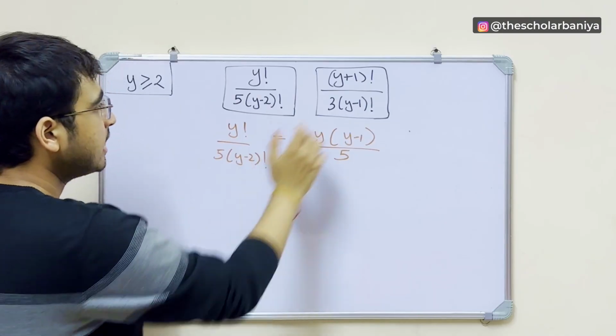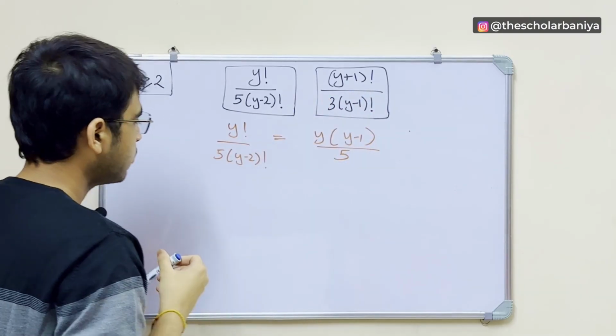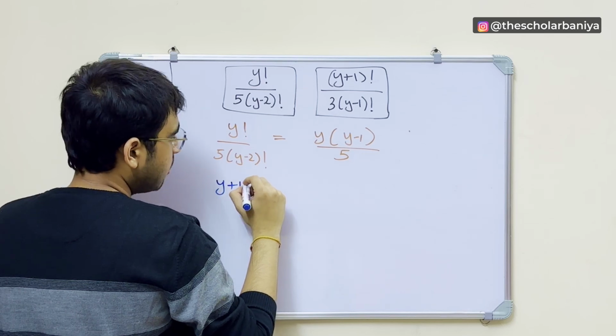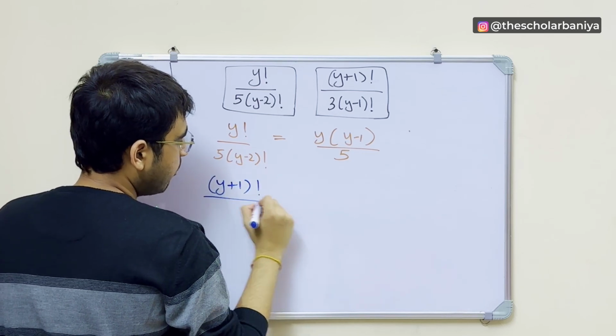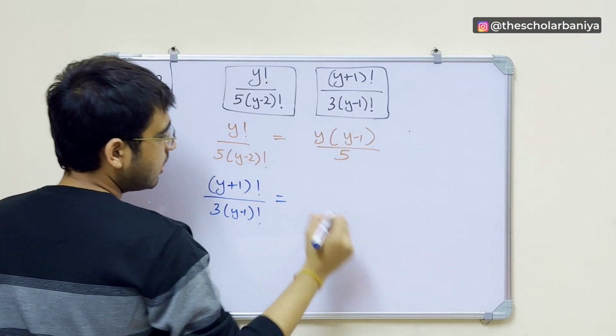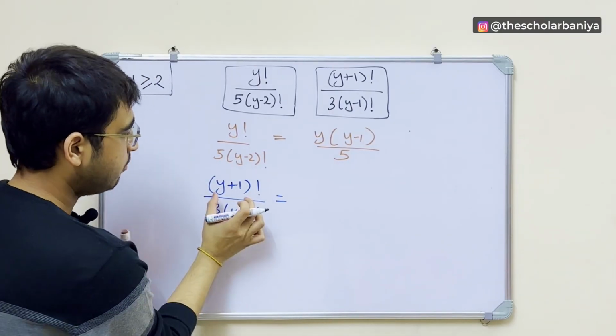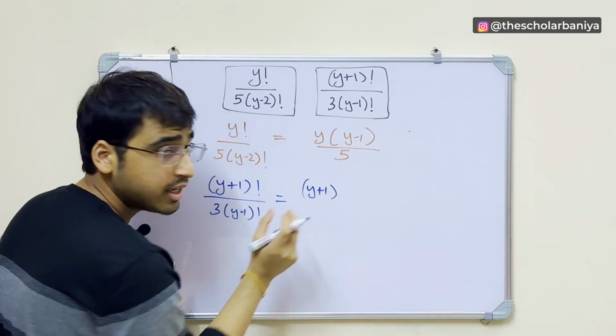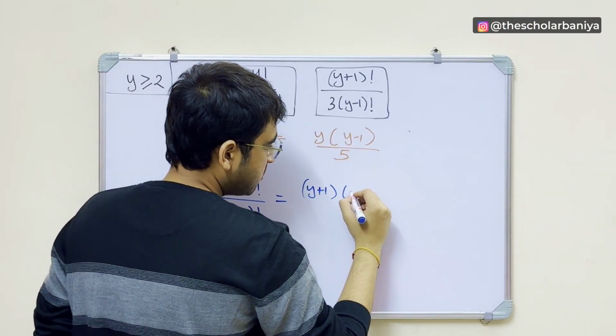Okay, now let's talk about this, right? So what is this? This is y plus 1 factorial upon 3 into y minus 1 factorial. Now what can this be written as? We can write this as y plus 1 into, we reduce 1 from this, so it becomes y.